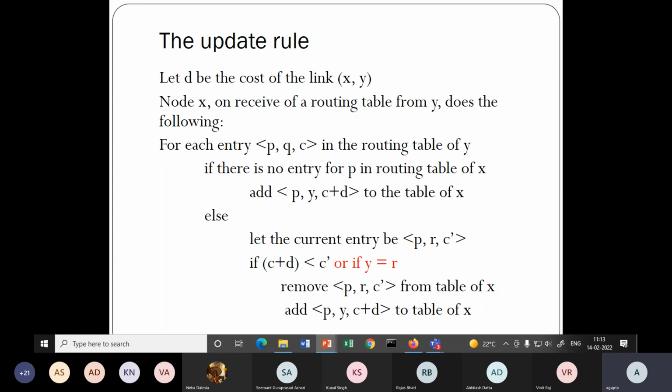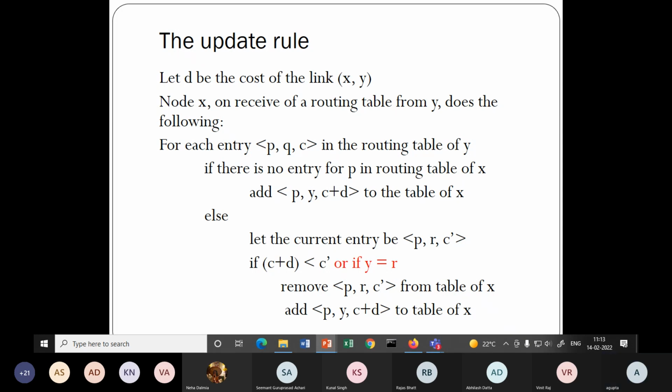There are two possibilities: either the destination for which that entry is, is in my table already or it is not. If it is not, that's a simple case. It's basically telling me that that node knows a route to some destination that I still don't know of. So I will just add that route, and add the node as my next stop.